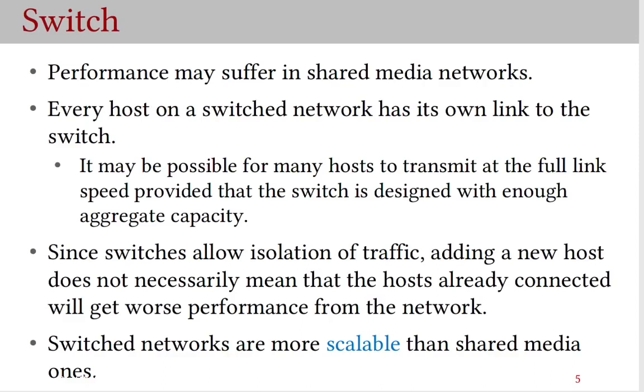Given the same bandwidth, a switched network gives better performance than shared media networks. Why? Because in shared medium networks, the bandwidth is shared by hosts. So suppose multiple hosts are connected to a 10 Mbps Ethernet segment. Since all the hosts share the bandwidth, as a result, the maximum data rate at which any one host can transmit continuously must be less than 10 Mbps.